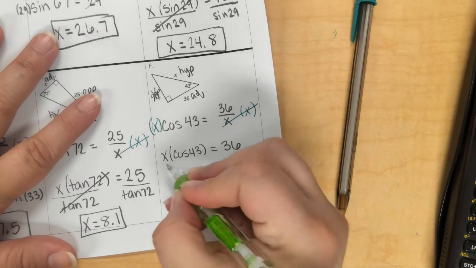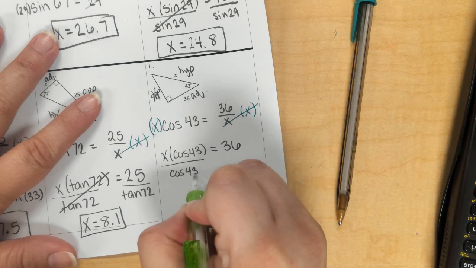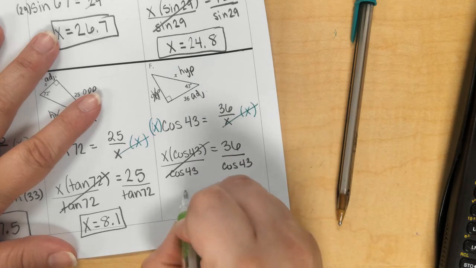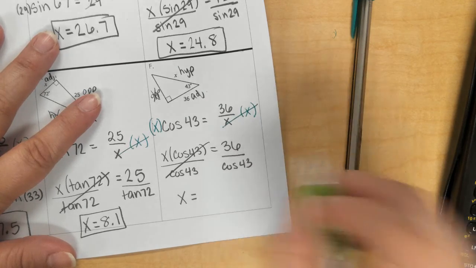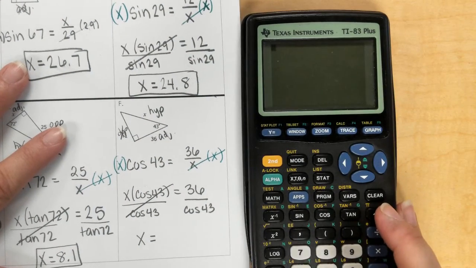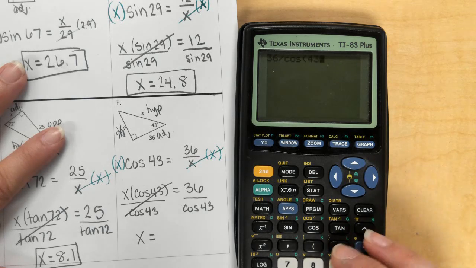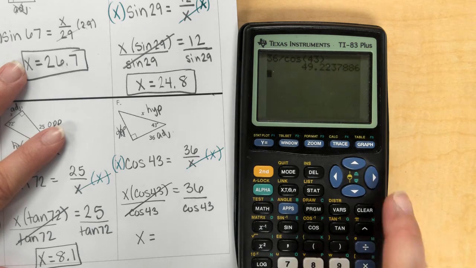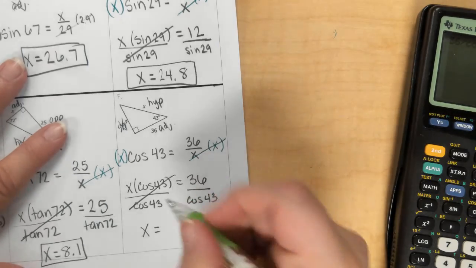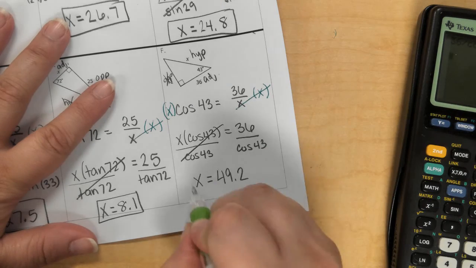Then to get x by itself, divide both sides by cosine of 43. So let's plug that in, clear, and then I'm going to do 36 divided by cosine of 43. So I get 49.2, which doesn't round, so we'll leave it 49.2.